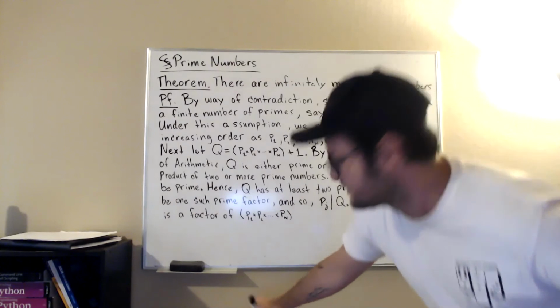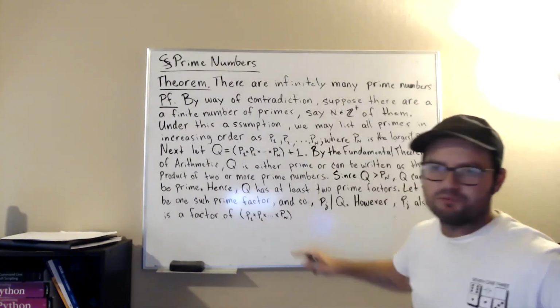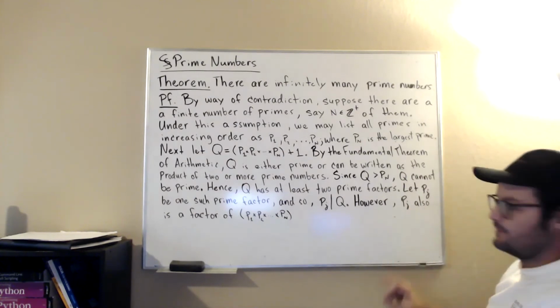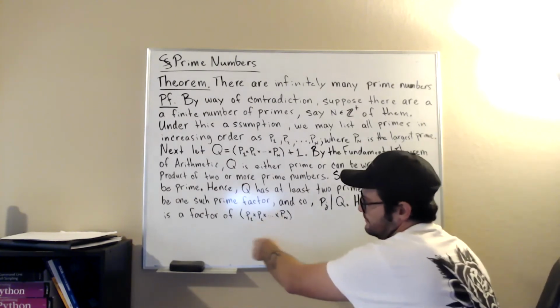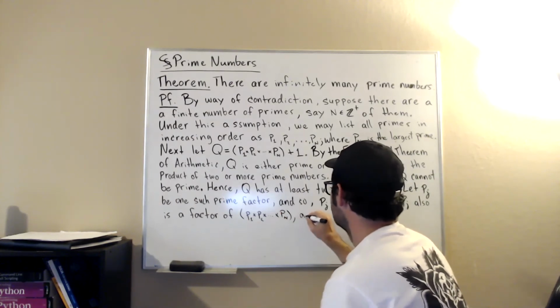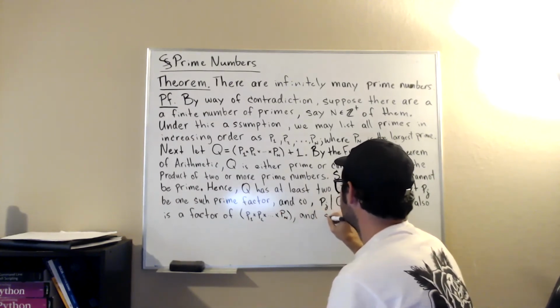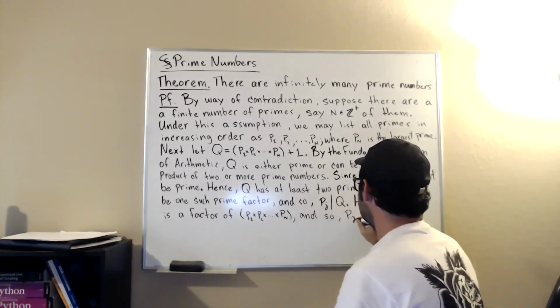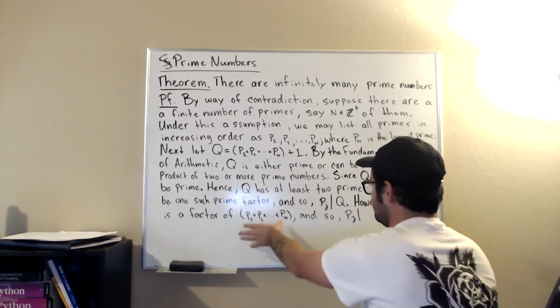Because this is the product of all prime numbers, and Pj is a prime number, so it's in there somewhere, so it's a factor of it. And so Pj divides this number.